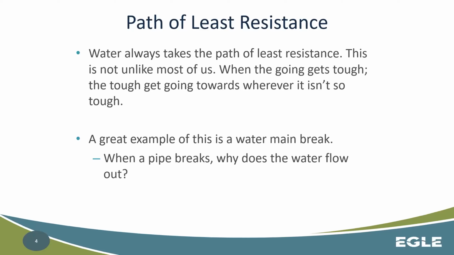It tries to look for a path that will pose the least resistance to its movement. A great example is a water main break. When the break occurs, we have massive amounts of water flowing out through the main break location. And we will talk about why it flows out at that location.